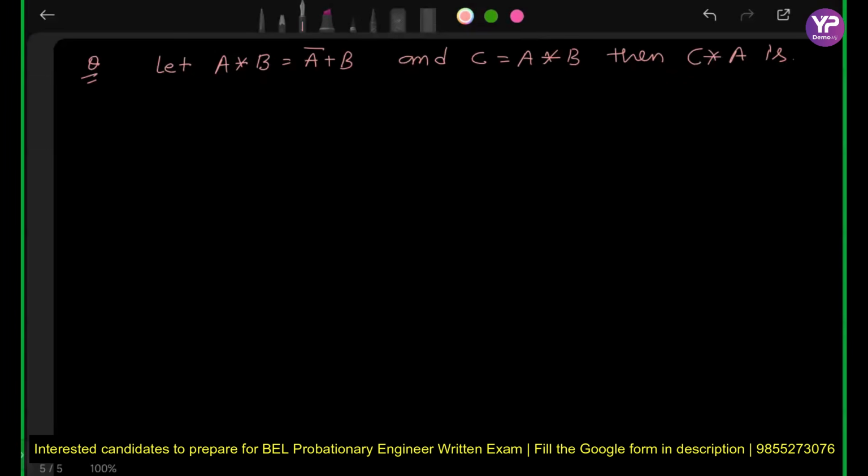Sir, A bar plus B. A bar plus B, that's not correct. Sir, A square plus A plus B. A square, how did you get A square? Sorry, sir. I will solve it again.